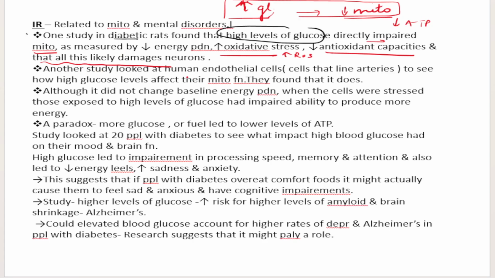Then another study looked at the endothelial cells in humans, the cells which line our arteries, to see how glucose levels affect mitochondrial function.